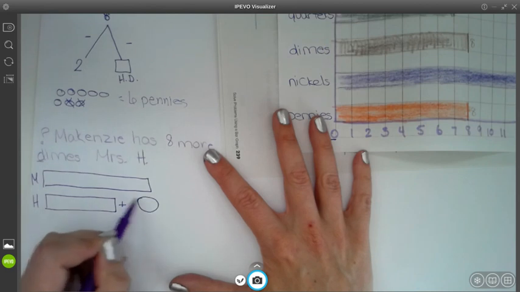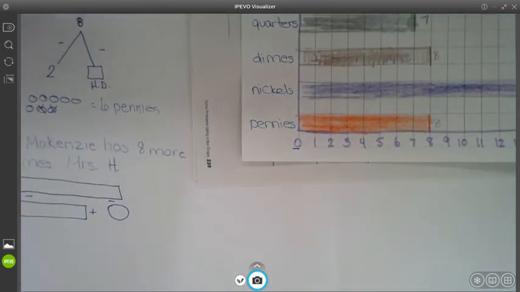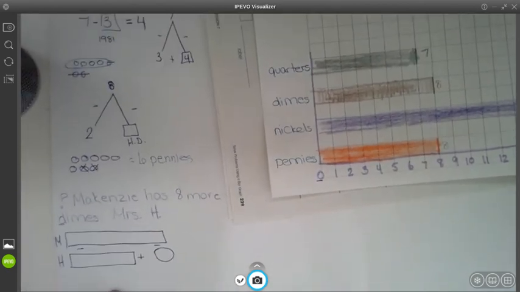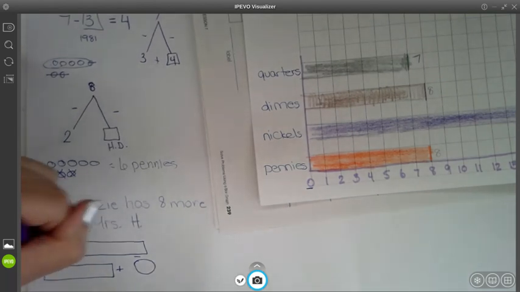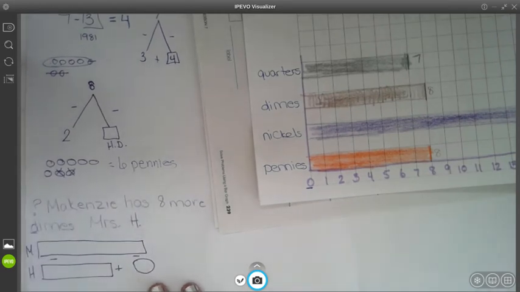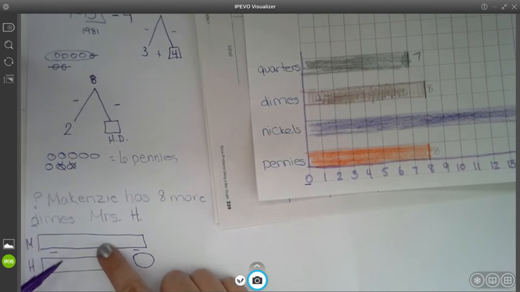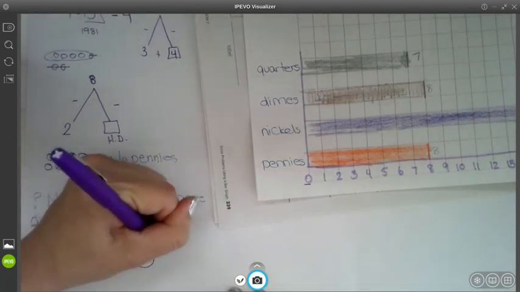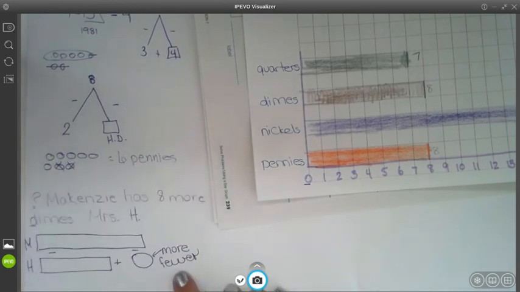Okay, and this has to do with the number, and I always put those symbols in because I like to know that these often work the same way. Solving it is the same way, but it helps you to understand the way the problems are. So Mackenzie has 8 more dimes than Mrs. Hampton. So I can't put my 8 right here, right? Because it doesn't say that Mackenzie has 8. Remember with comparison bars, this is where the more or fewer number goes.